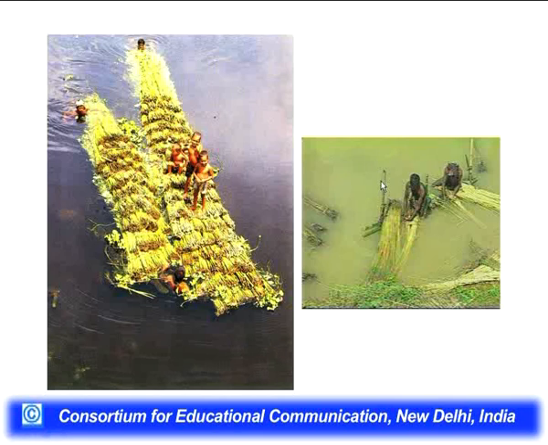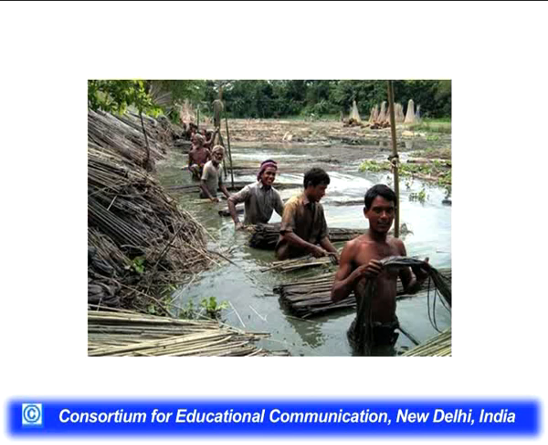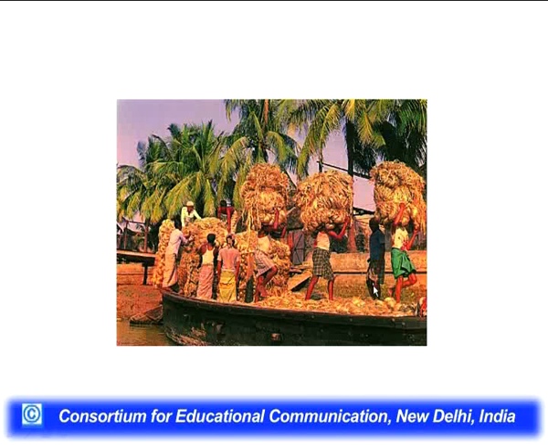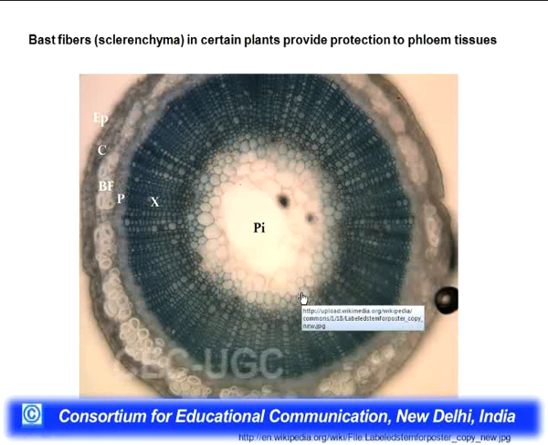So, the cellulose and pectin which are present in the parenchymatous cells between the phloem go off, and then the fibers become loose, and one can separate out the sticks from the fibers, and that is how the jute is taken out and loaded for selling in the market.